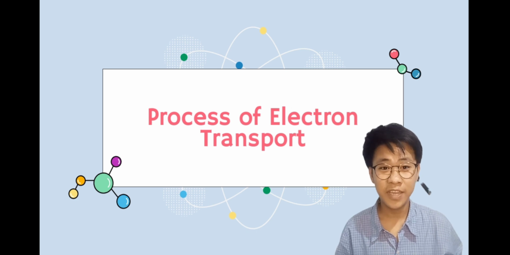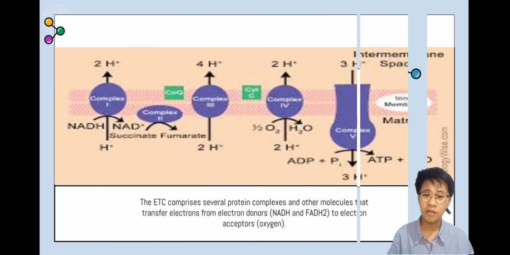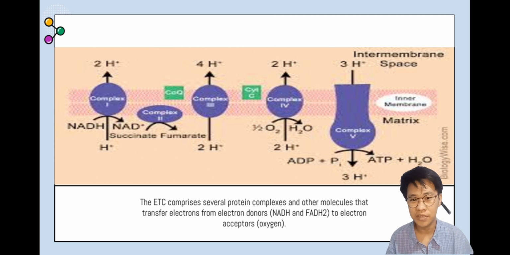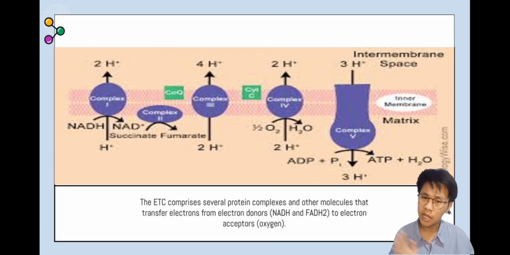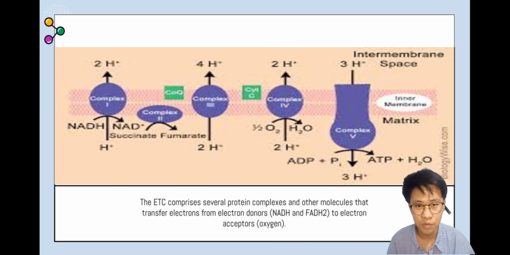Okay, since we have the basic idea of the electron transport chain, now let's talk about the process of it. Basically, the ETC is comprised of several protein complexes and other molecules that transfer electrons from electron donors, which can be NADH and FADH2, to the electron acceptor, which is oxygen.